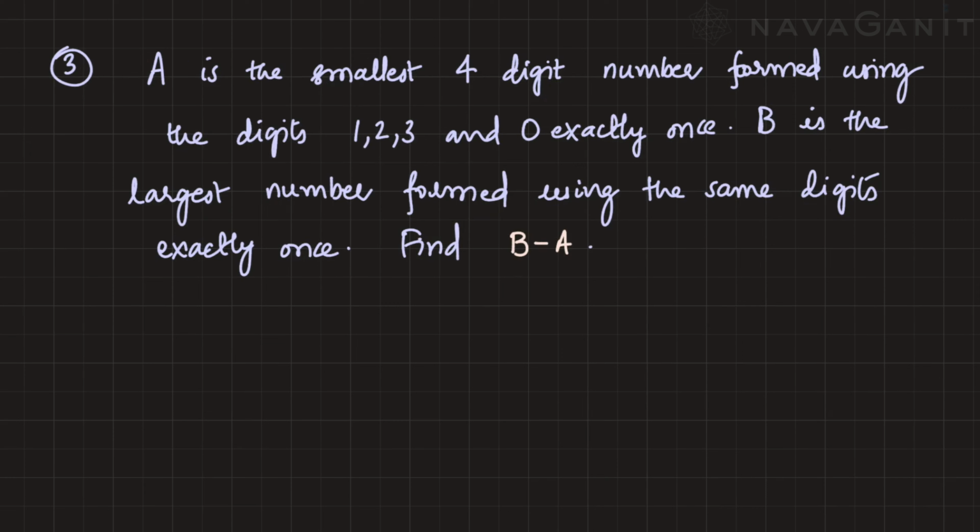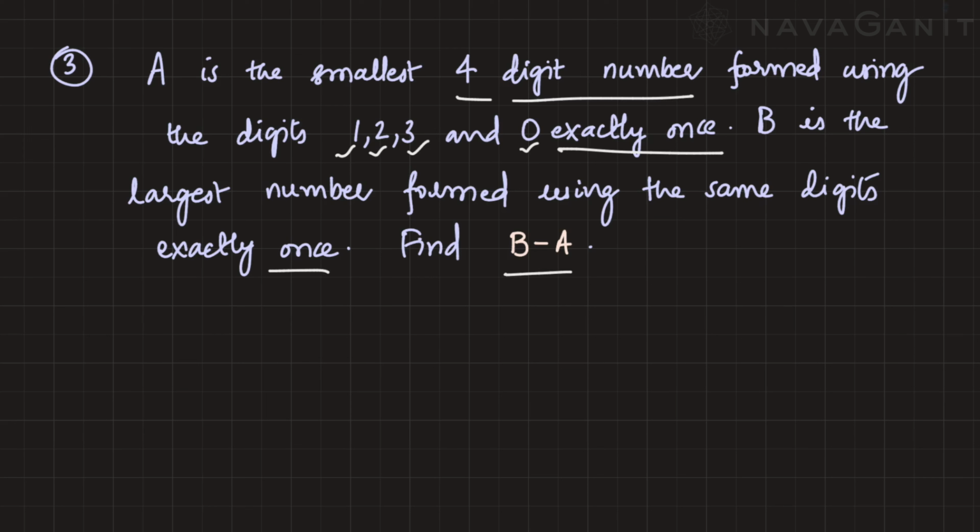Next we have the problem. A is the smallest 4-digit number which is formed using the digits 1, 2, 3 and 0 exactly once. B is the largest number which is formed using the same digits exactly once.